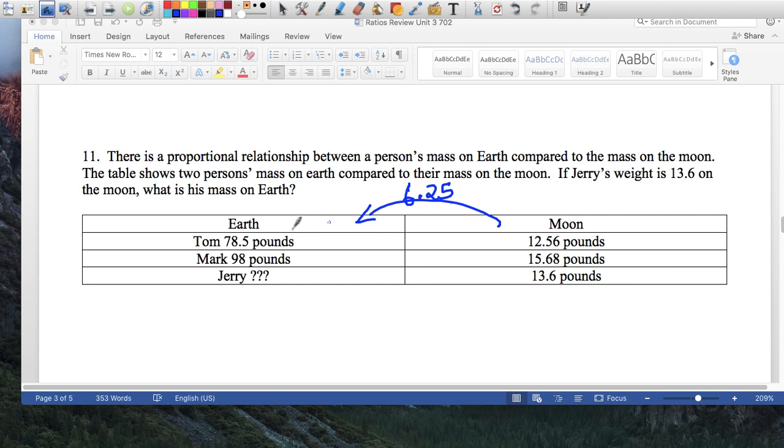So if I go backwards, if Tom was on Earth and he wanted to find out how much he weighs on the moon, we divide that by 6.25, and you would get 12.56. So there's your relationship right here. So therefore, Jerry, who is on the moon and he's going back to Earth, and we want to find his weight back on Earth, it would be 13.6 times 6.25.